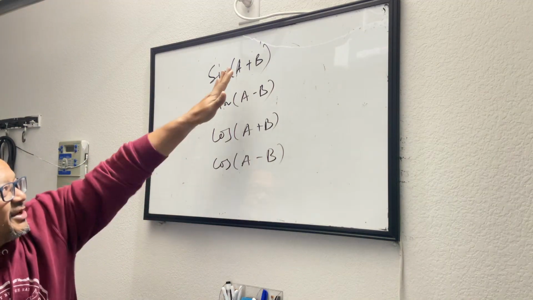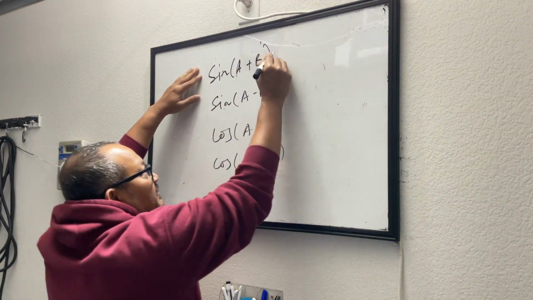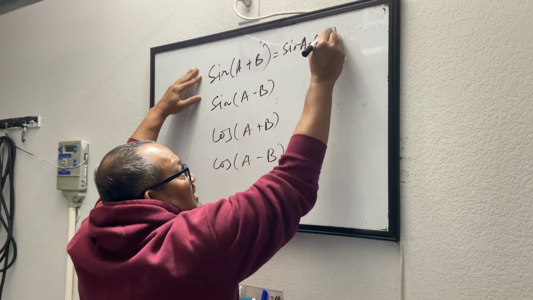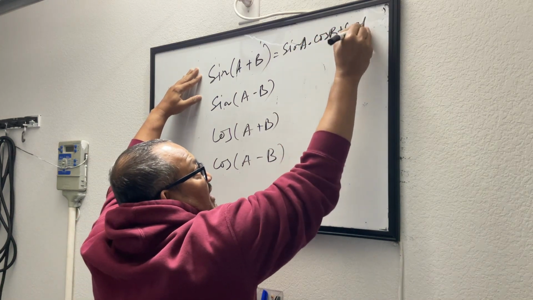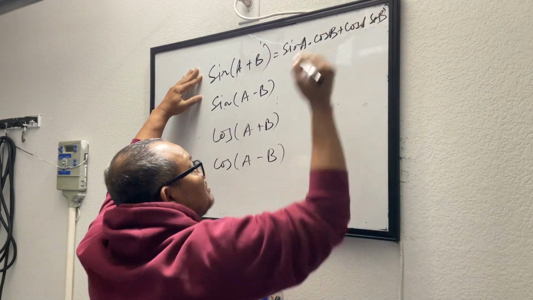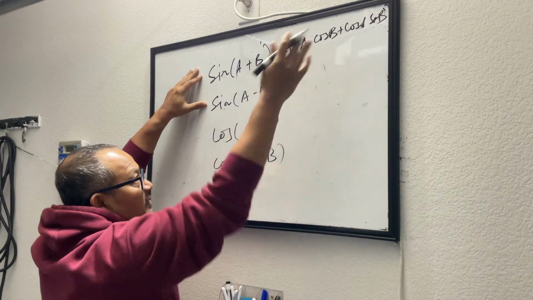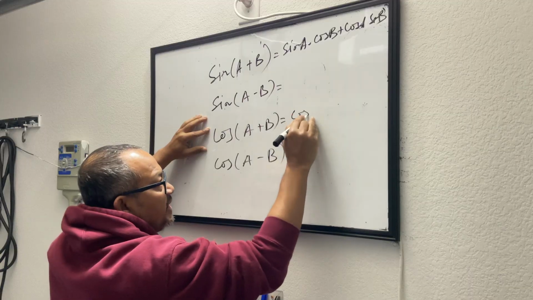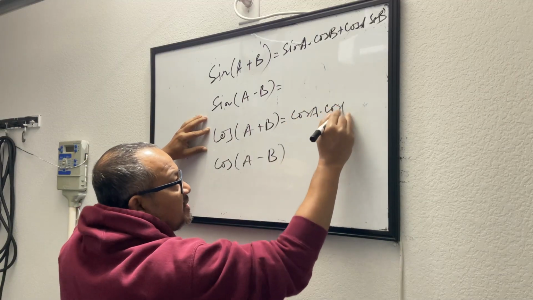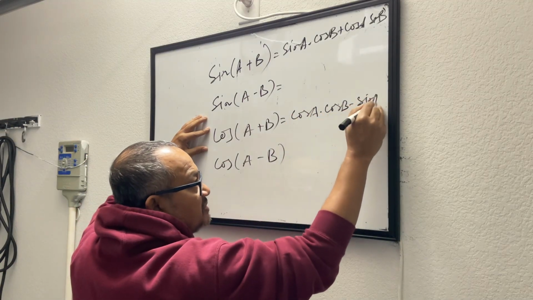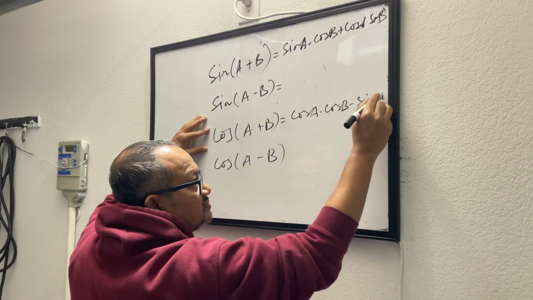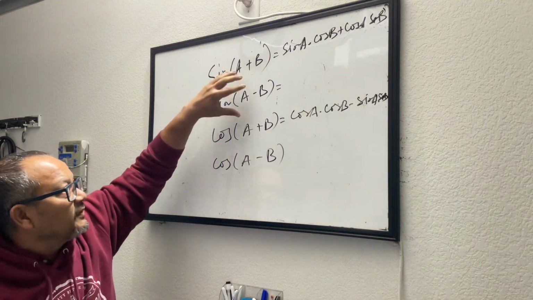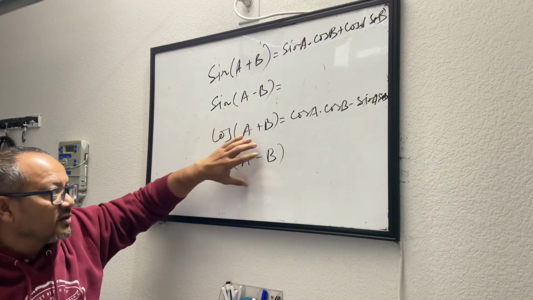Okay. So here's the formula. Sine A plus B equal to sine A cos B plus cos A sine B. Sine A minus B, we'll figure it out. Cos A plus B equal to cos A cos B minus sine A sine B. And if I know this one, I can figure out this one.